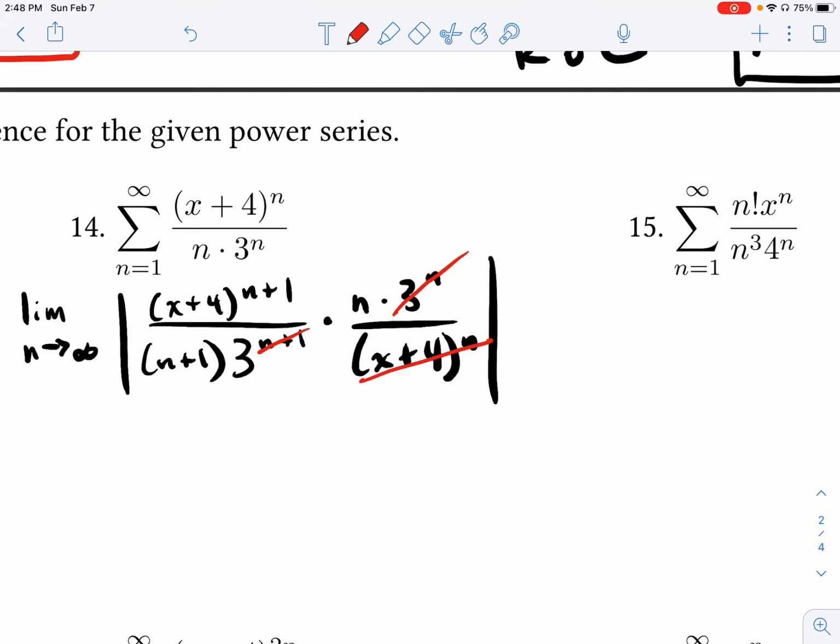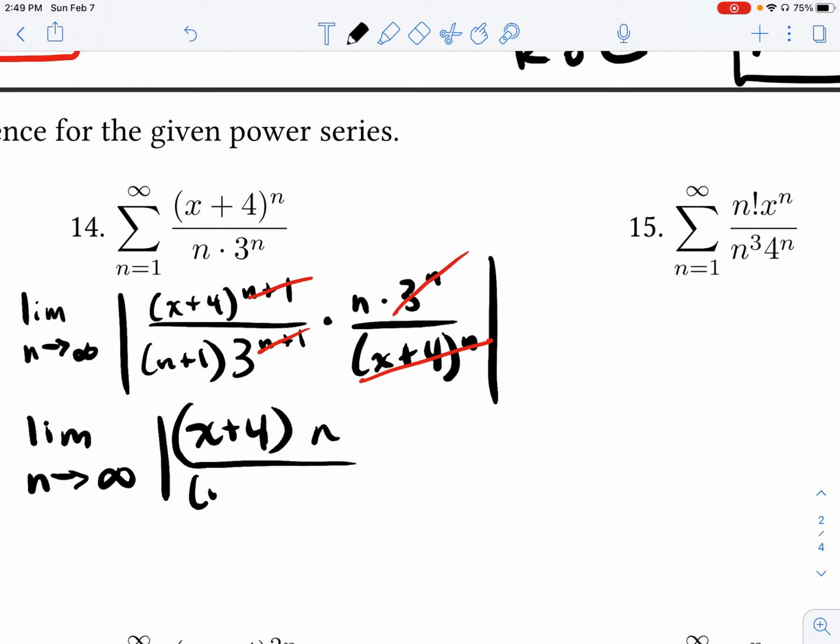So I can divide that with this. So now that we've done some division, let's rewrite our limit statement. The limit as n approaches infinity of x plus 4 times n, all over n plus 1 times 3.